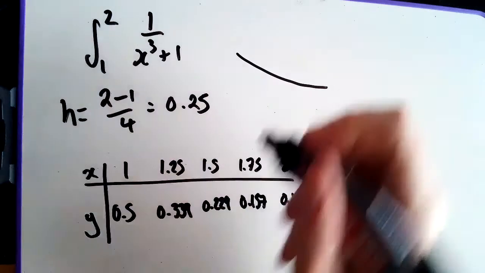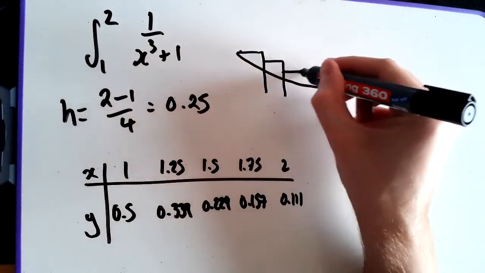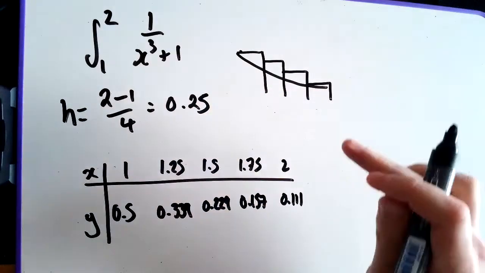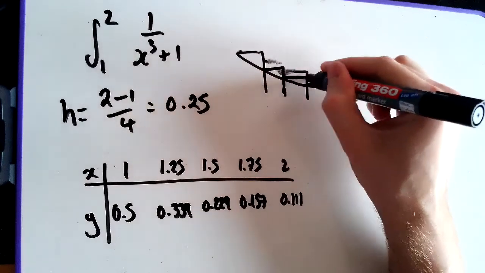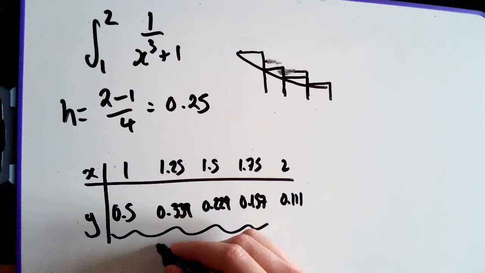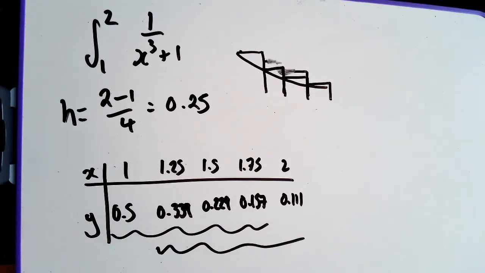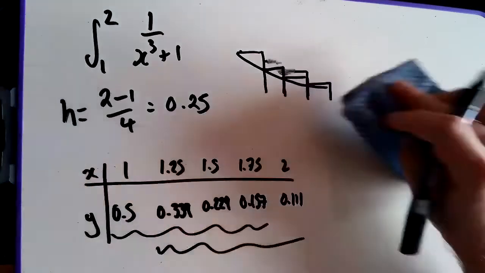So it looks like if I start with the first one, I'm going to get rectangles being above, so I'm going to get an overestimate. So if I use these 4 numbers, I get my overestimate, and if I use these 4, I get the underestimate. So these 4 will give me the upper bound, these 4 will give me the lower bound.